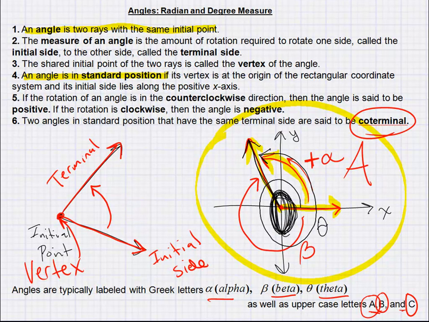And then if I end up, say, right here, whatever angle that is, the measure of that will be coterminal to all these other ones, because they all start and end in the same spot. And that's going to be a pretty important thing throughout trigonometry, is the relationship between coterminal angles and some of the trigonometric functions.